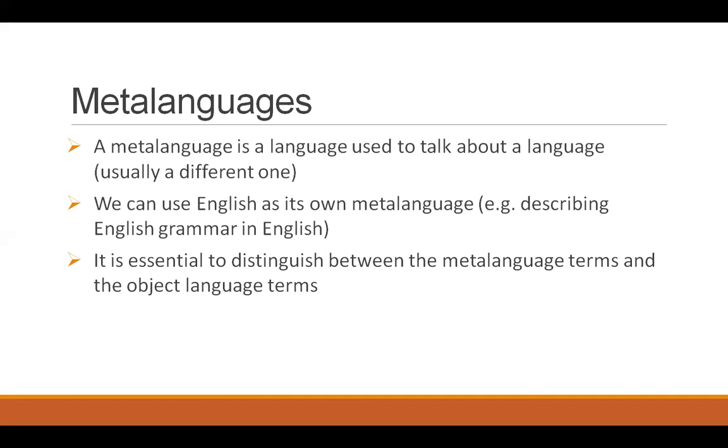So when we try to define a language using some other language or even that same language, that is called the meta language. So BNF is a meta language because it is used to define and describe other computer programming languages. Algol 60 was, I think, the first language that was used to define the Backus-Naur form.